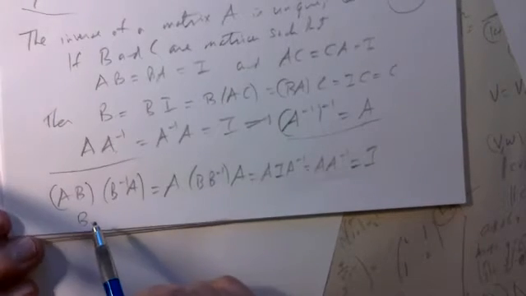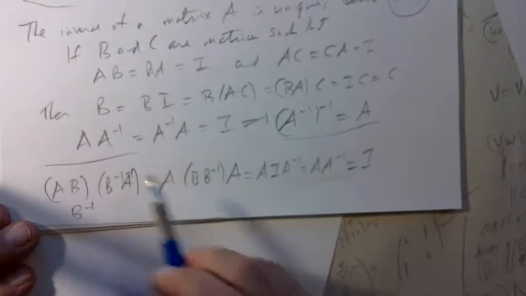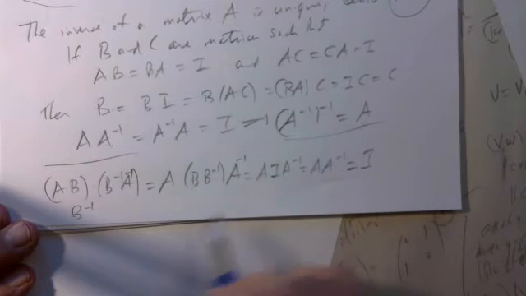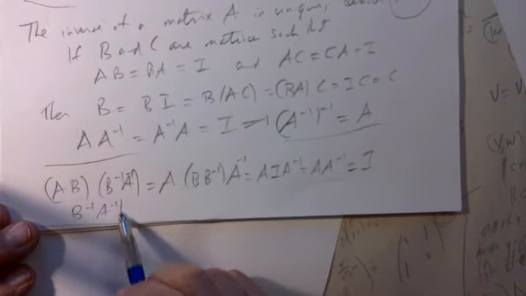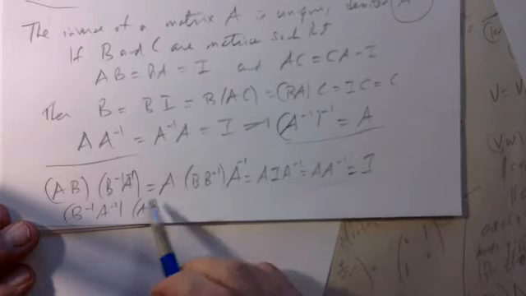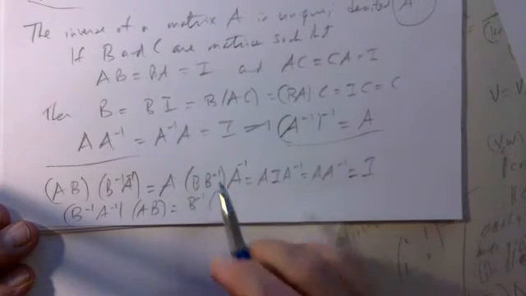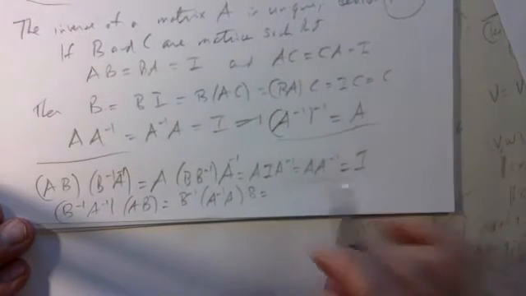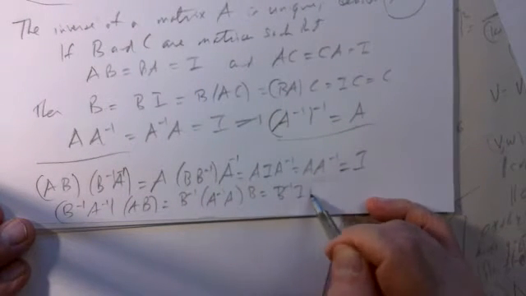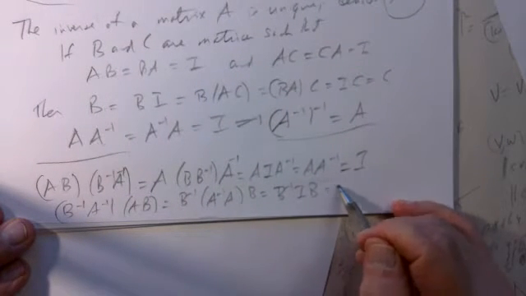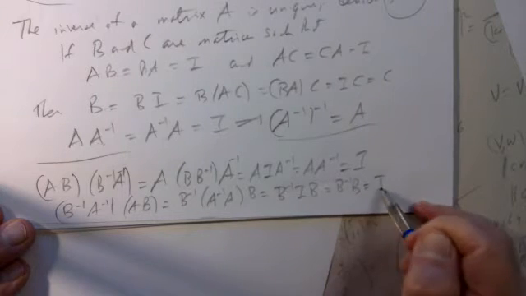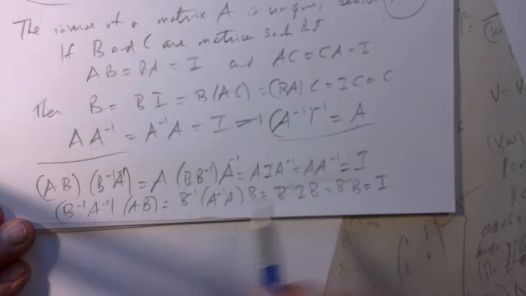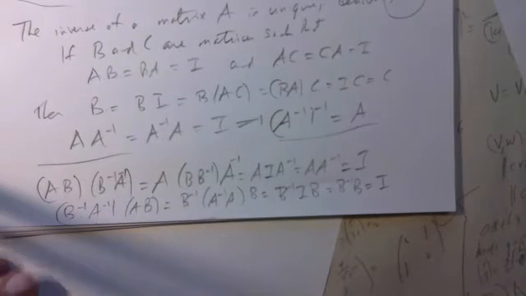And if you multiply in the opposite direction, B inverse A inverse times AB is B inverse A inverse AB, which is B inverse identity B, which is B inverse B, the identity. So the inverse of AB is B inverse A inverse. That's what we had to prove.